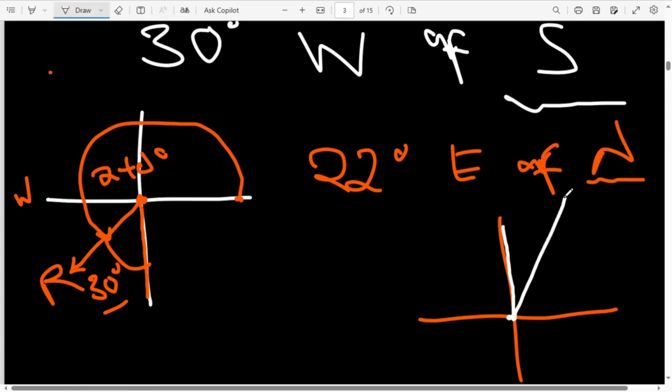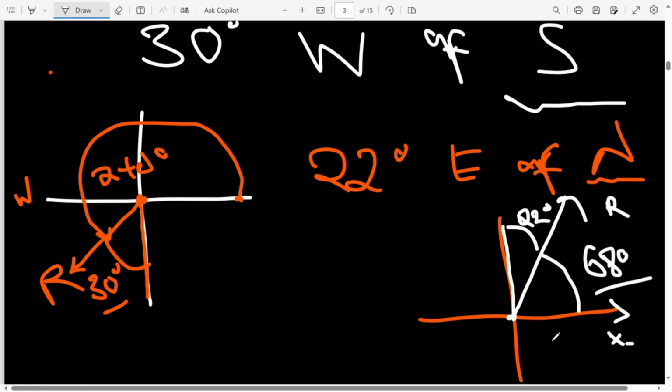So this is my resultant here, and I have my 22 degrees there. How do I find the angle of this resultant? Remember, the angle should always come from the positive x-axis. So we are moving here until we meet this angle. How are we going to find it? We're just going to say 90 minus 22. So we get 68 degrees as our angle.